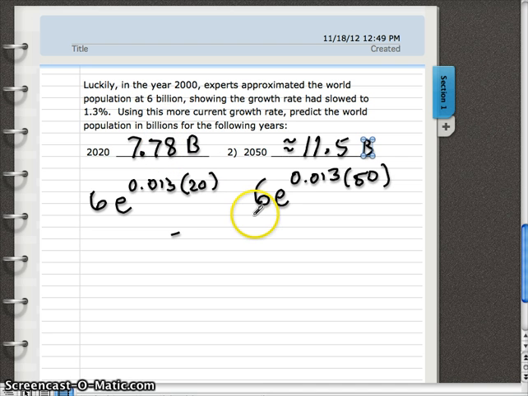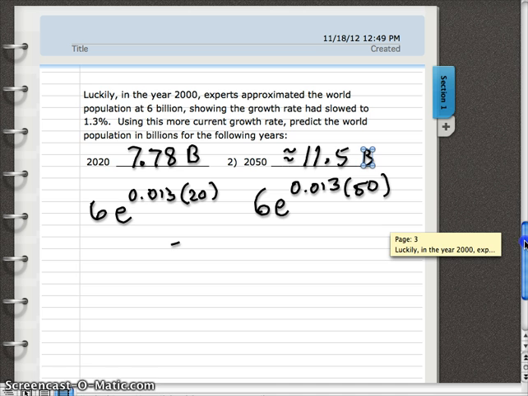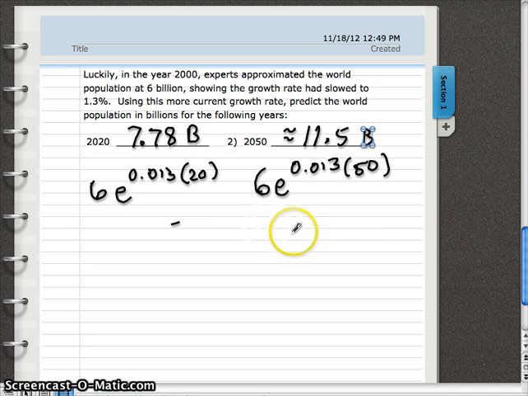So luckily, we'll have some experts get together again in 2020 and hopefully come up with a much slower growth rate there, and hopefully the population of this planet wises up and really realizes that we can't continue to populate this planet at the rate that we're doing it and sustain ourselves.